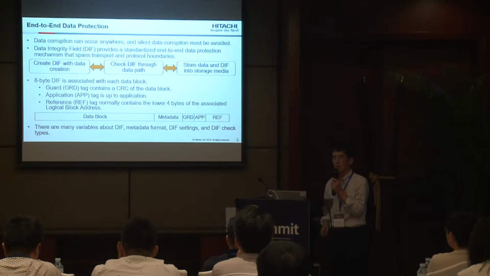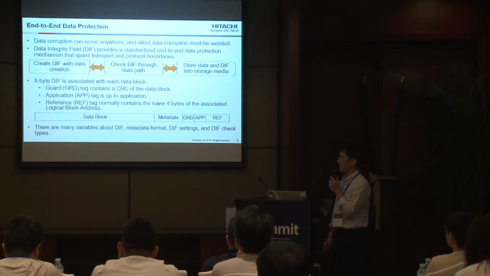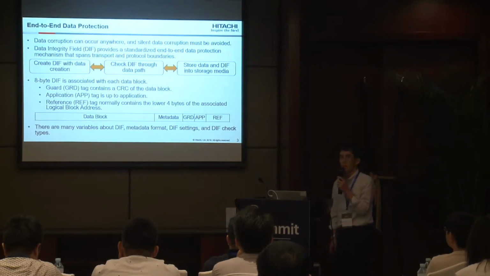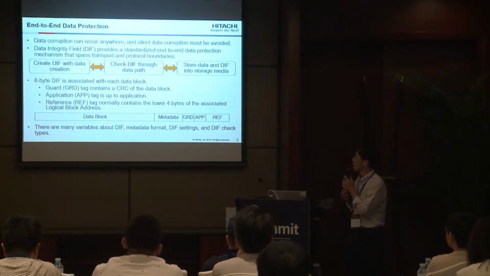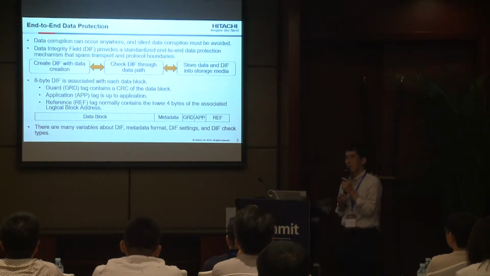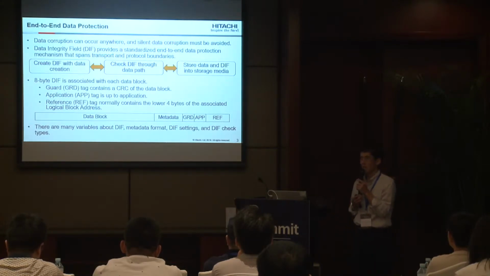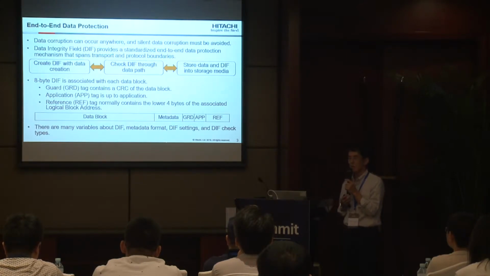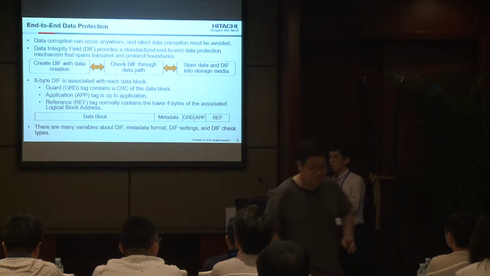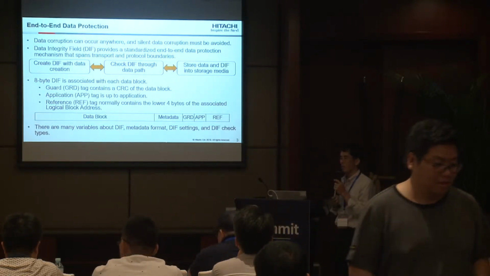Silent data corruption is very dangerous and should be avoided, but individual data protection mechanisms don't span layers. So when data corruption occurs between layers, individual protection cannot prevent such errors.